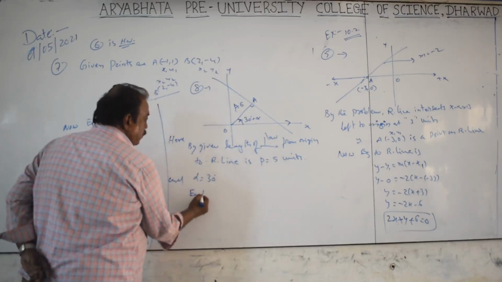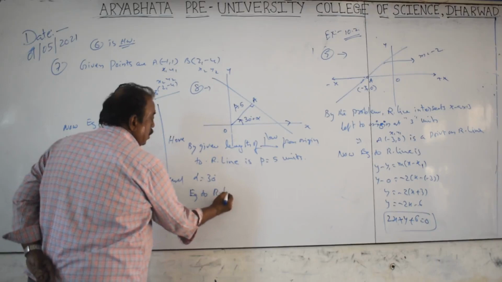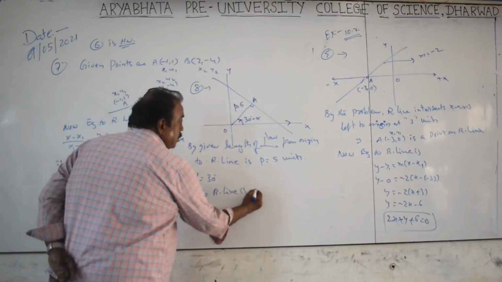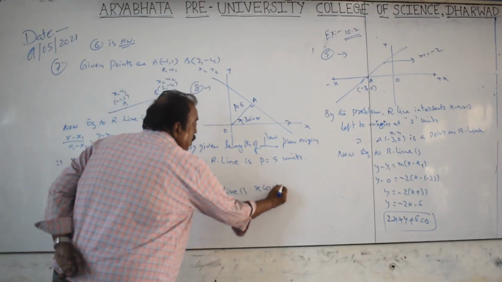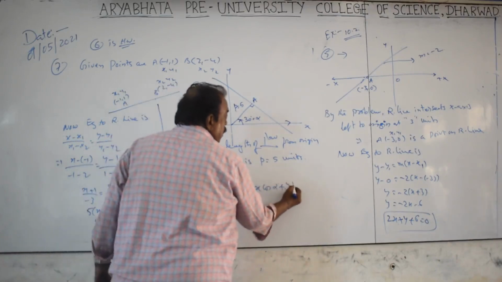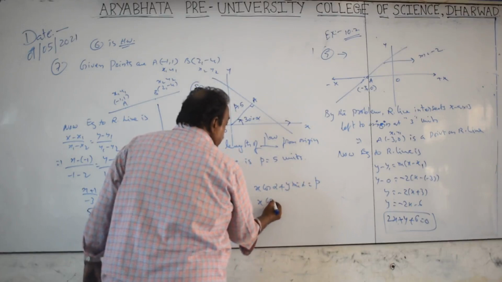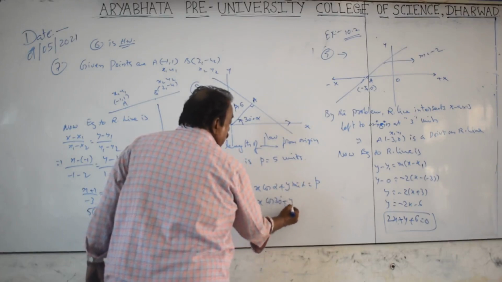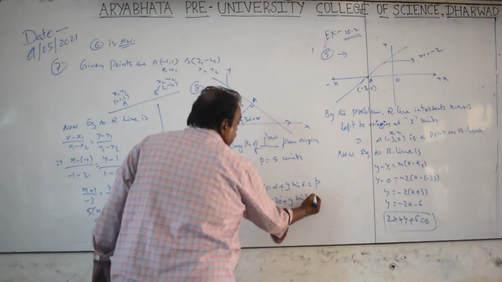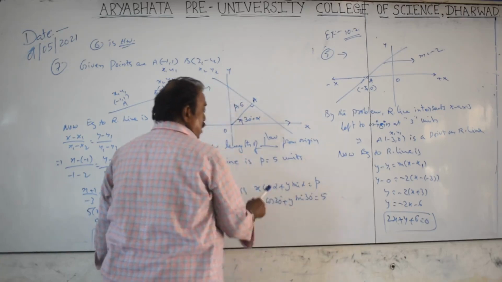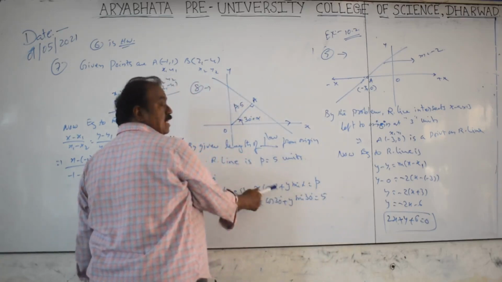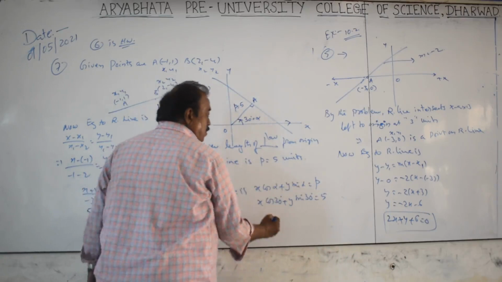Equation of the required line is x cos alpha plus y sin alpha is equal to P. It is x cos 30 degrees plus y sin 30 degrees is equal to 5. Alpha is 30 degrees, P is 5.